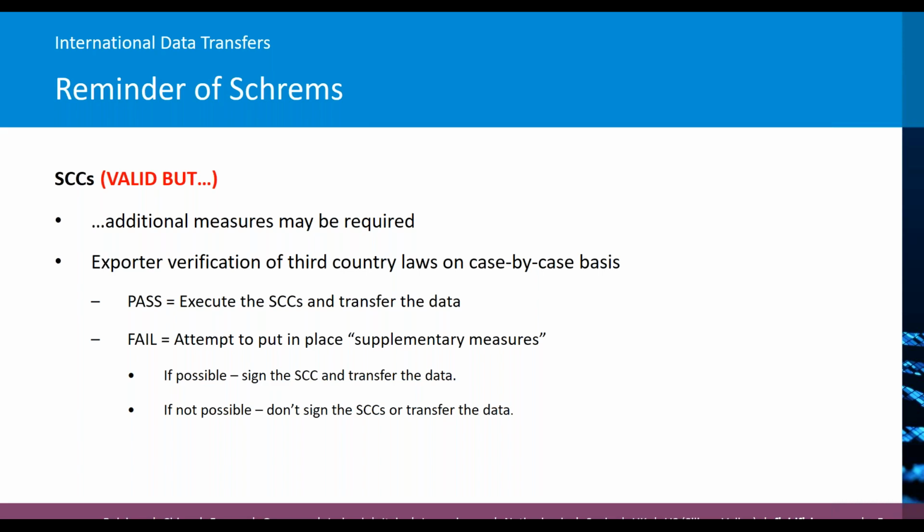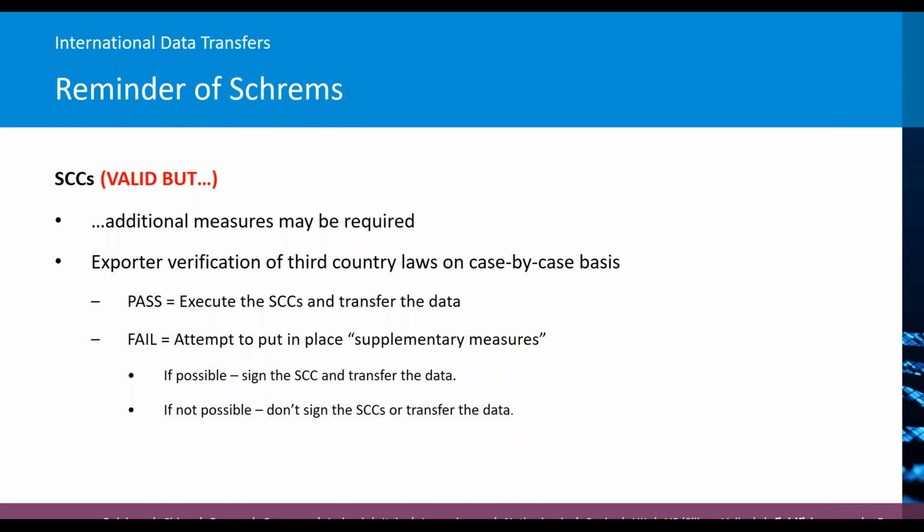So I think everyone on the call is pretty much sick and tired, I'm sure, of Schrems, but a very quick reminder of it all. Privacy Shield died, SCCs declared to be valid, but additional measures may be required. Exporter verification is needed of third country laws on a case-by-case basis, and that's what I'll spend a few minutes talking about, the sort of ways we're seeing people deal with it.